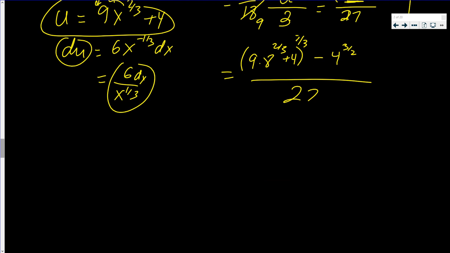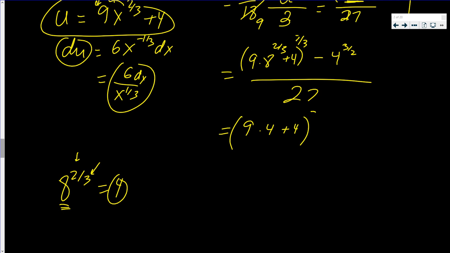Okay. Now, 8 to the 2/3 is 4. We already did that. What times itself 3 times gives us 8? 2. 2 squared, 4. So that's 4 times 9, which is 36, plus the other 4. And all of this gets raised to the 3/2 minus.